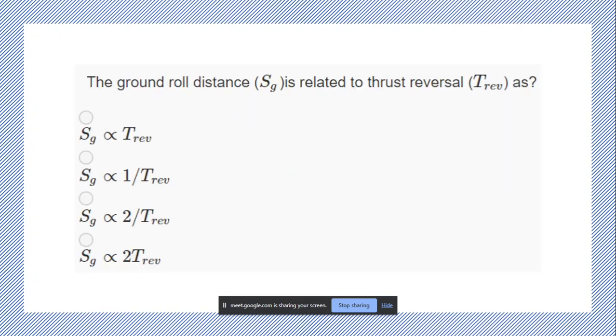Okay. So the ground roll distance is related to thrust reversal, or the reverse thrust.